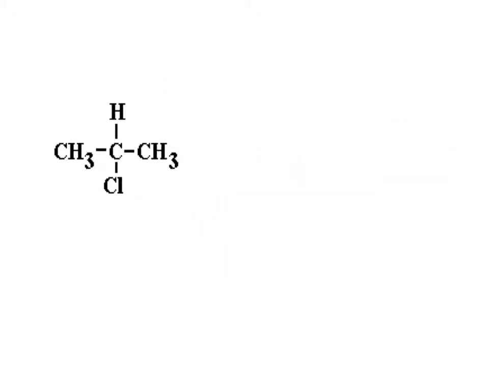In this example, we will first write down the elements. So we have C, we have H, and we have Cl. We see that we have 1C, 2C, 3C. So that is 3C.